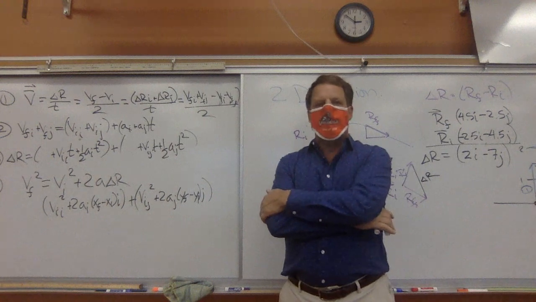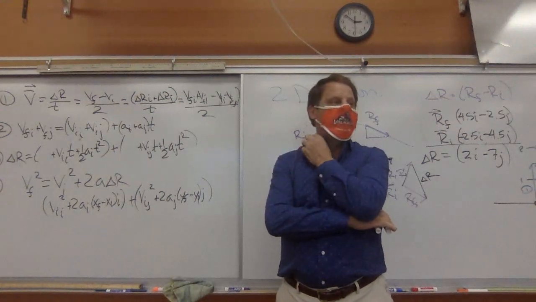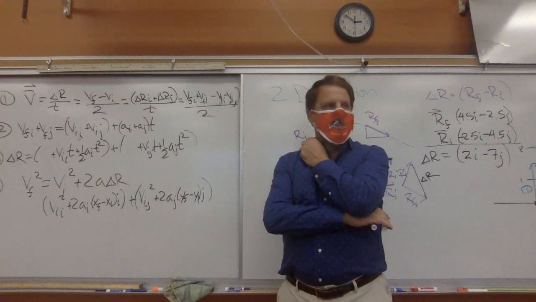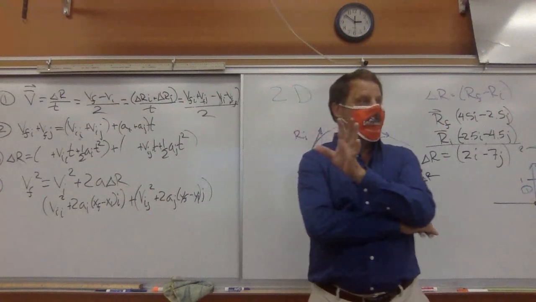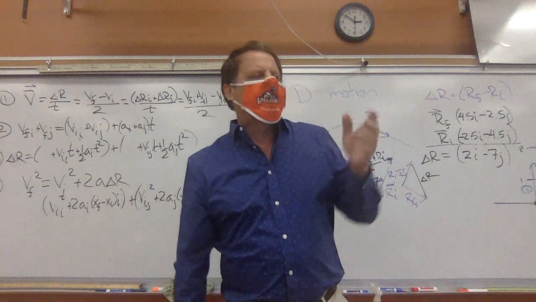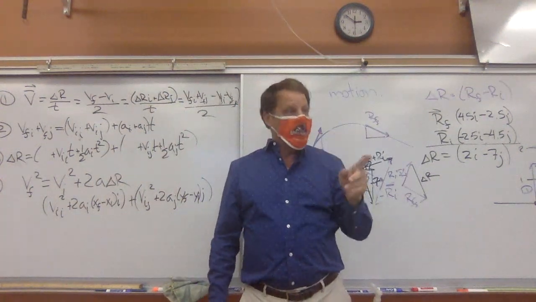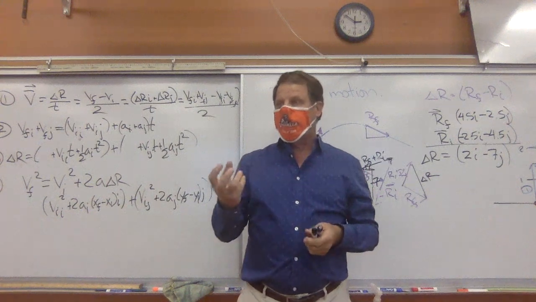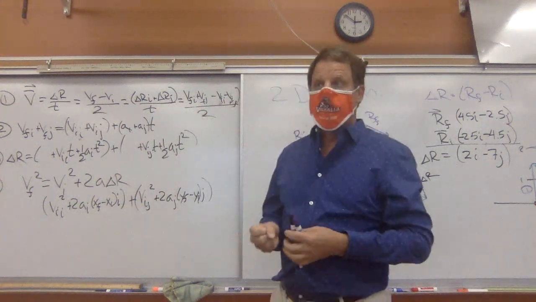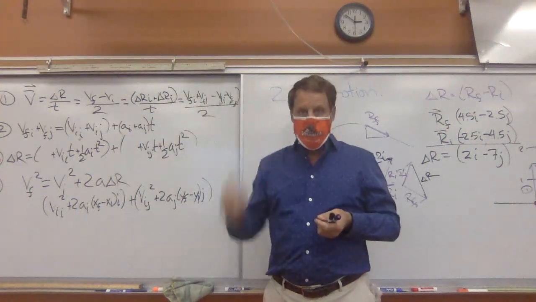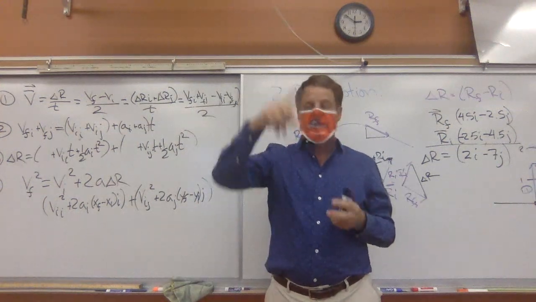Okay, so we're about to do an example of a projectile, okay? Now, last week, I forget what day it was, I think it was the Thursday, we had someone throwing an object off of a cliff, and one was throwing it down and one was throwing it up.